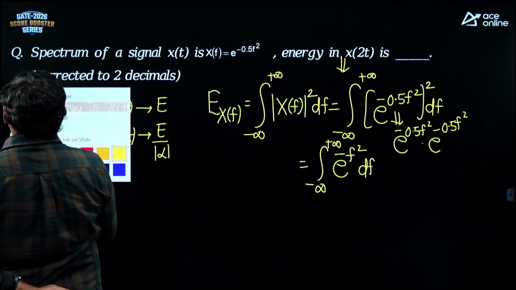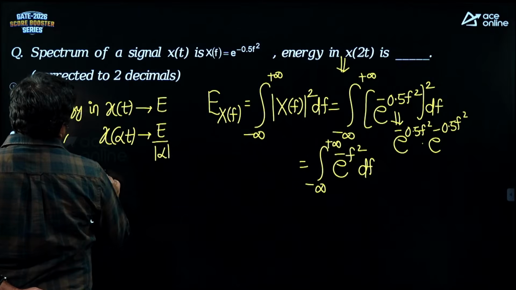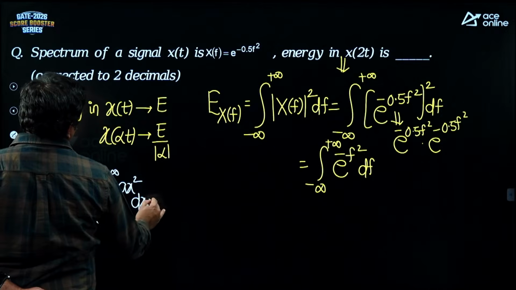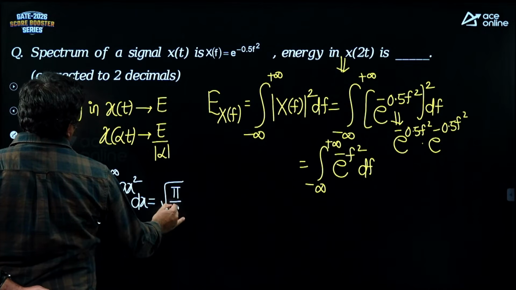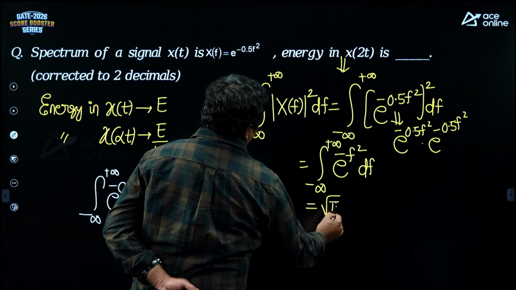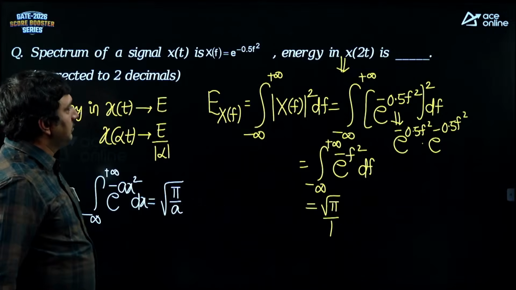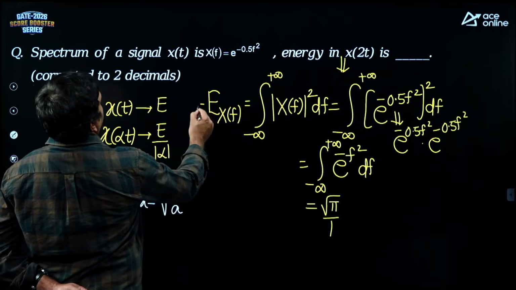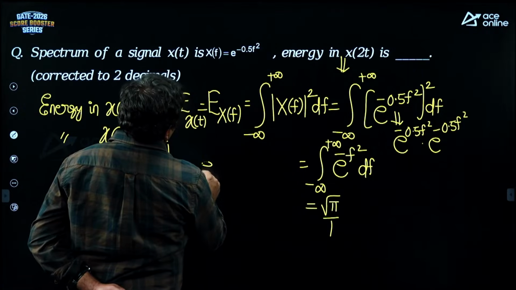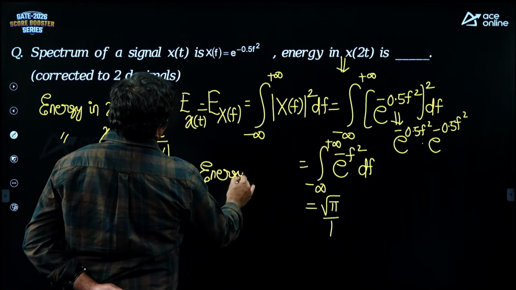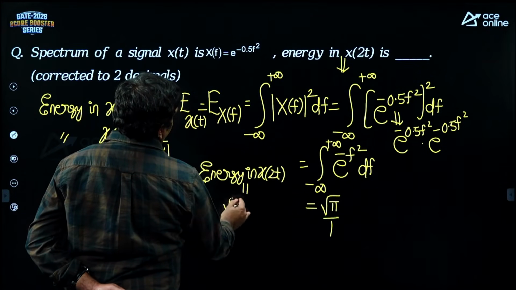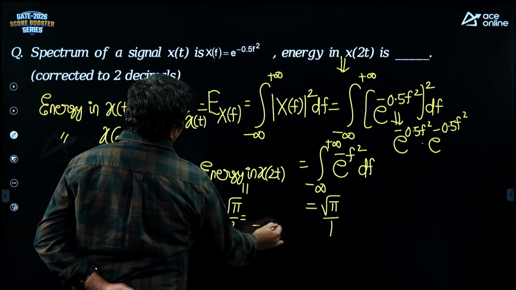This is a standard relation. The area under a Gaussian function is root pi by a. According to that formula, the energy in the spectrum is of course the same as the energy in the signal. So the energy in x of 2t is the original divided by 2. The original energy is root pi, so the answer is root pi by 2. Simplify.